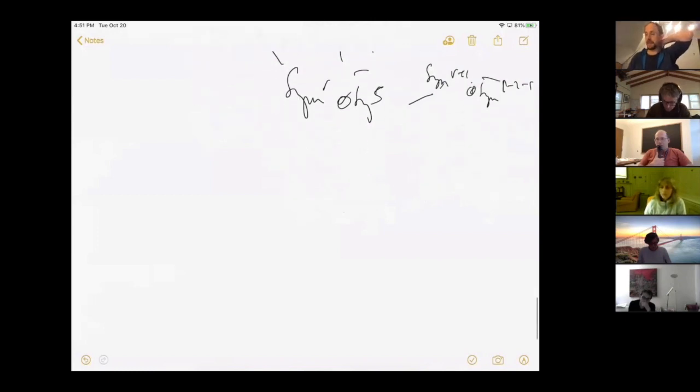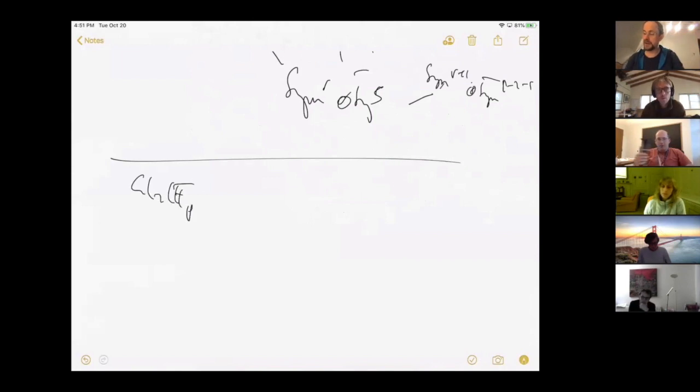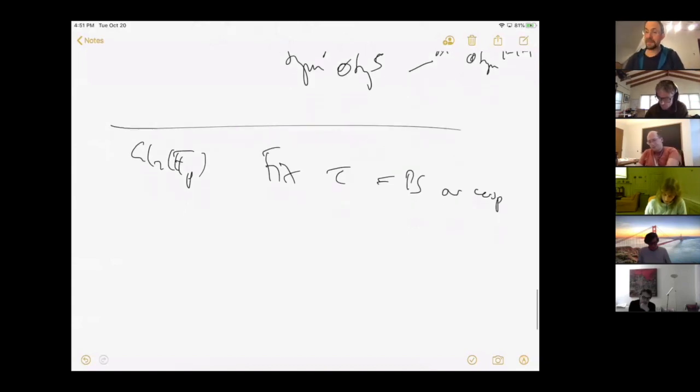And so let me even think about GL2 over F_p, and fix a type. Fix this principal series or cuspidal type. And then if I think about lattices, I'll call it, just to abuse terminology, the category of lattices in tau. I really mean the subcategory of all reps generated by the lattices in tau.